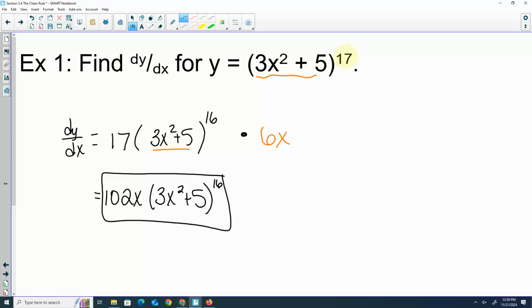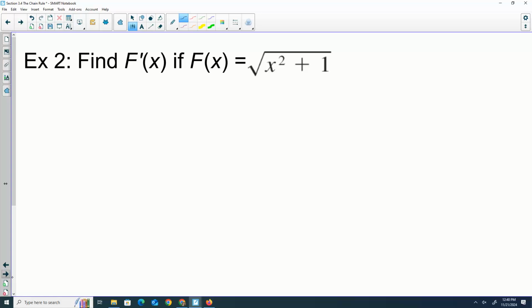Just a note, when you see dy dx, that means derivative. Don't think of it as a fraction that's canceling out. It means how y is changing in terms of x. Alright, let's look at this one. A square root can be written as what? So this function is x squared plus 1 to the 1/2 power.